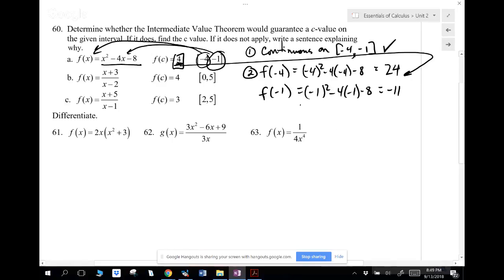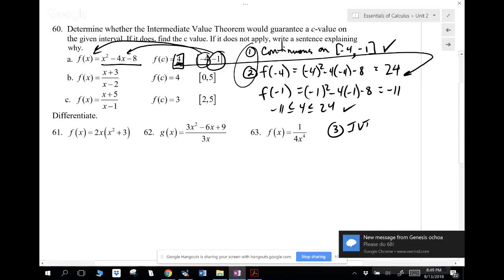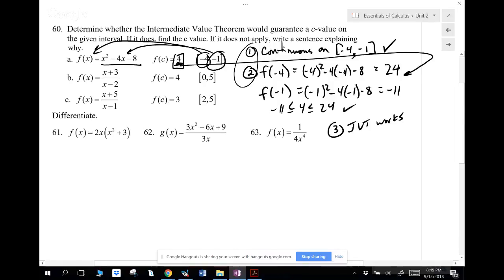Then you go, 4 is, in fact, between 24 and negative 11. Check. Now you do the third thing. Since both of these hold, the IVT works. Okay? So since the IVT works now, we can go ahead and find our C value.